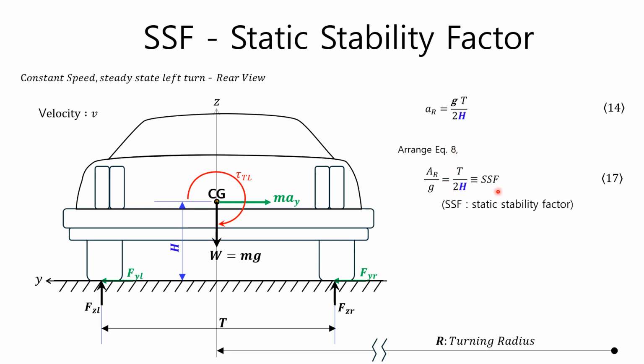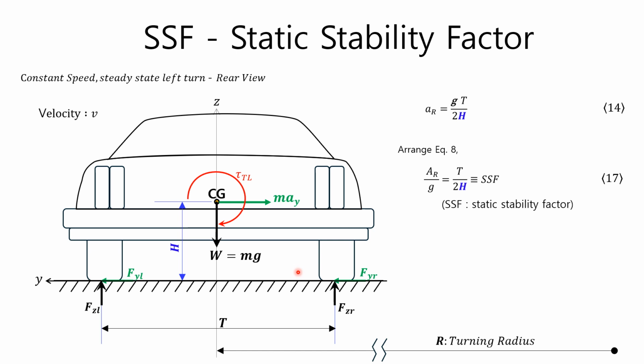The value of equation 17 is called the static stability factor and is used as a regulation value for safety regulations to prevent rollover. The SSF of SUV vehicles is in the range of 1 to 1.2, and the SSF of passenger sedans is in the range of 1.3 to 1.6.